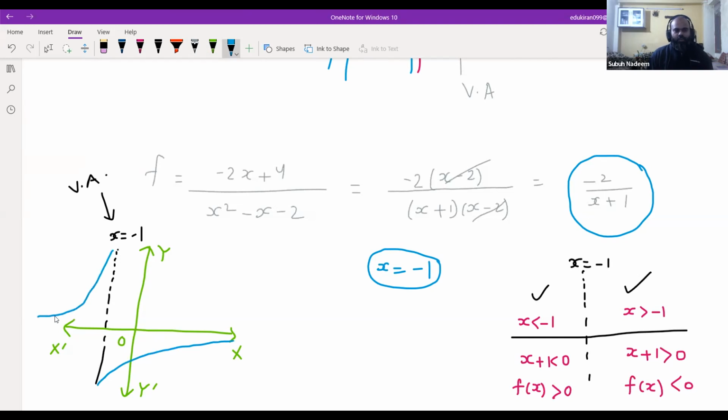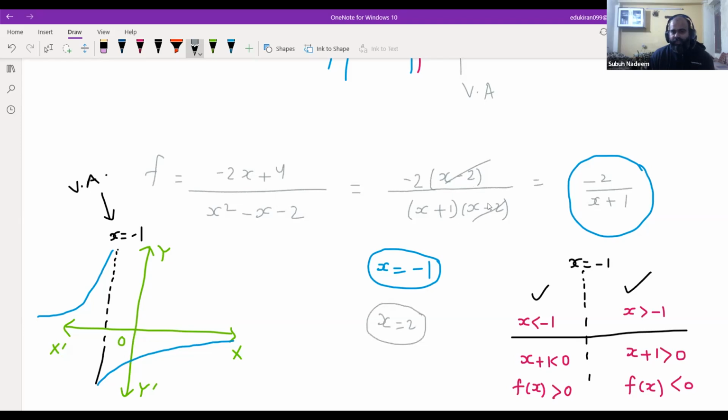But still, this is not the exact graph, because one important thing is to be mentioned here, which they may deal with later, but I'm telling you now, because after cancelling x minus 2, you are getting this. So this x is equal to 2 is also a 0 of the denominator and numerator.